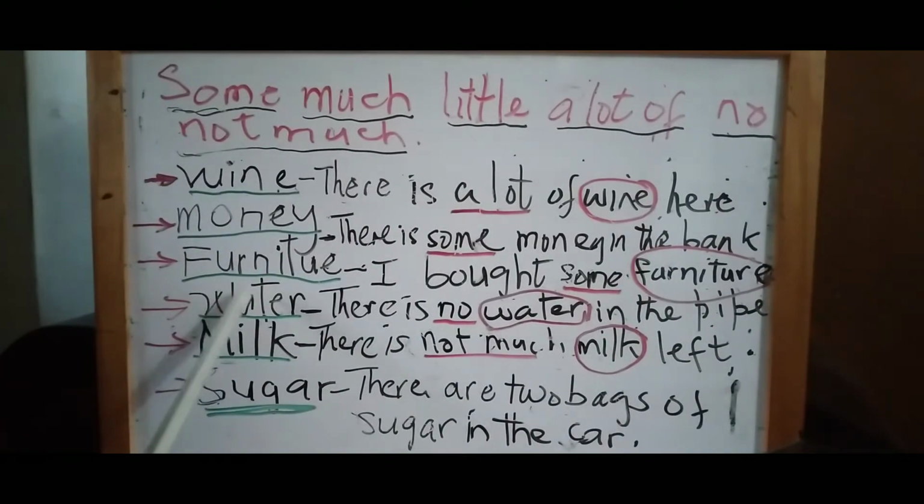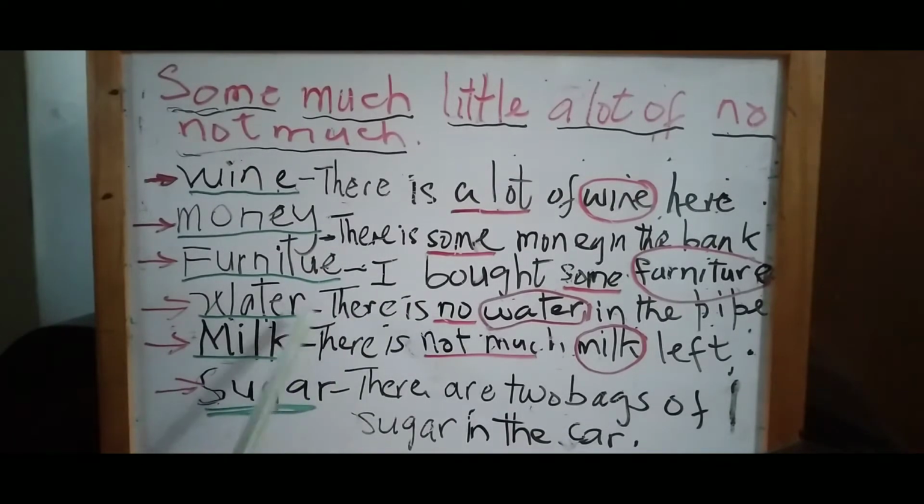Now the uncountable noun here is water. You can't count water, all right? The sentence reads, there is no water in the pipe. The uncountable noun is water, and the word that we use to express quantity is no. That means there is none. There's no water there, all right? And we use the verb is. Milk is also another uncountable noun.